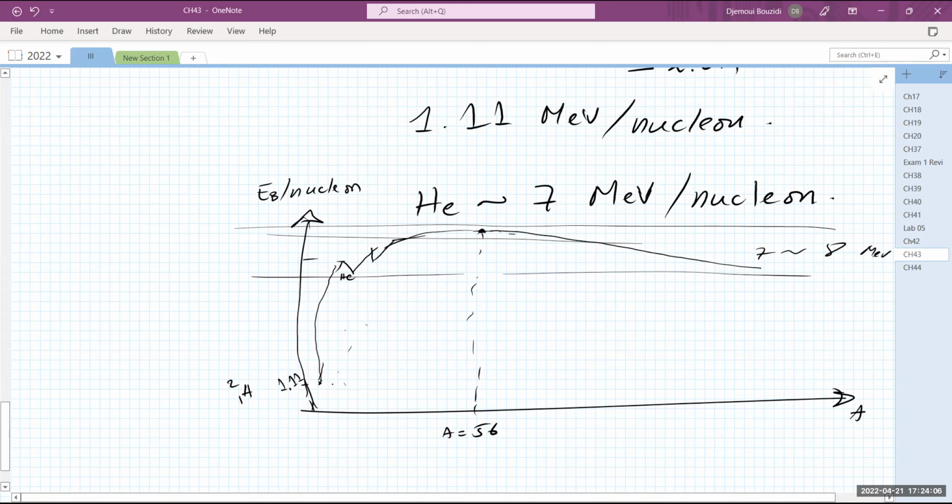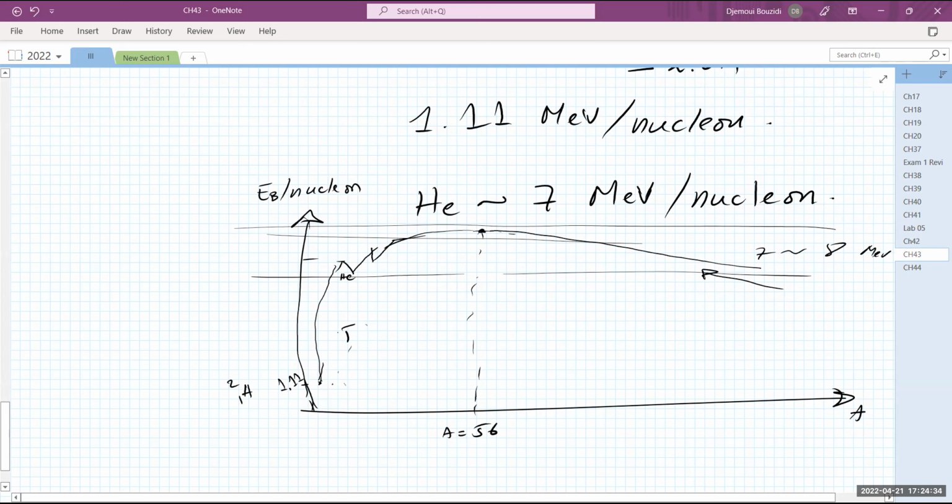More energy is putting them together, so it becomes harder and harder to break them apart. But from the other direction, if I break heavier elements like uranium-238, the energy per nucleon gets higher. Obviously the total decreases because each fragment carries some of its energy, but per nucleon it gets higher. That's what we're graphing here.